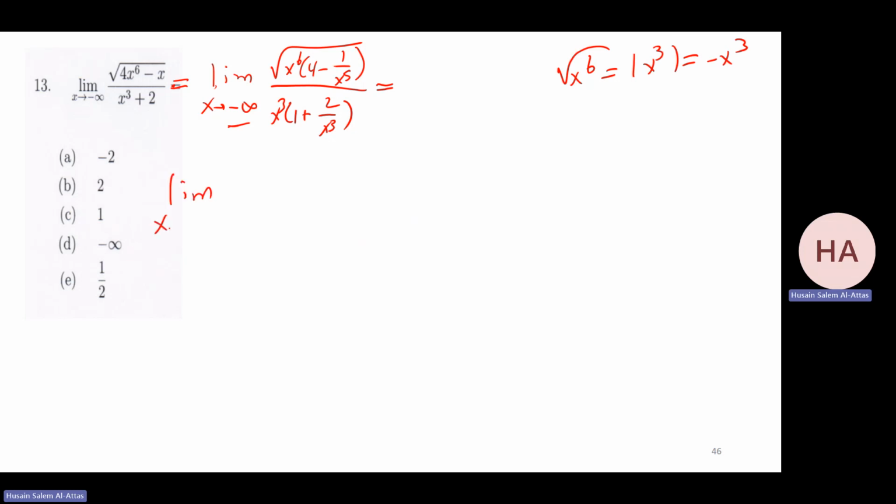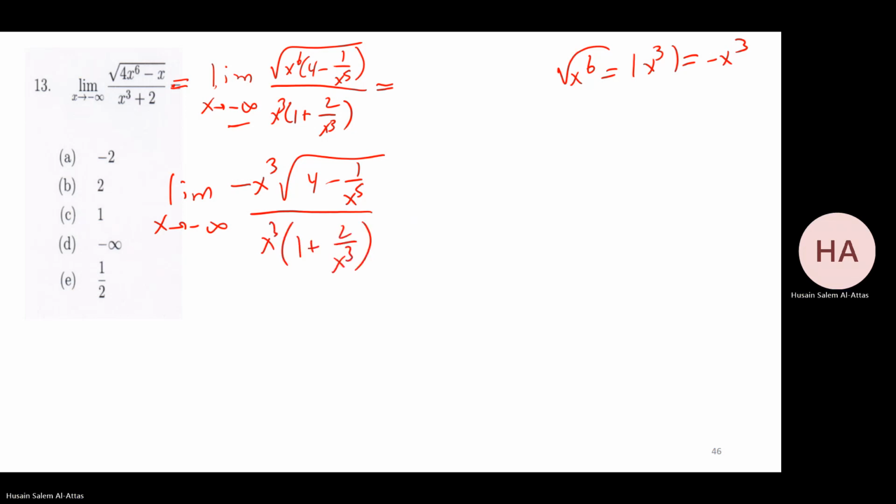So that will be limit, x goes to minus infinity, minus x cubed, under the rest, over x cubed, 1 plus 2 over x cubed. So that these cancelled, we're getting minus 2 over 1, which is minus 2. What is this answer?